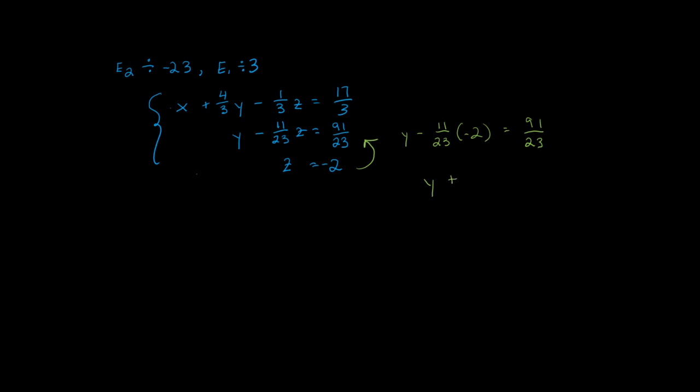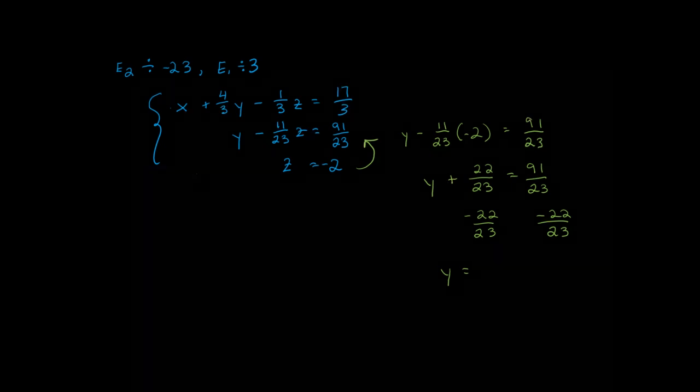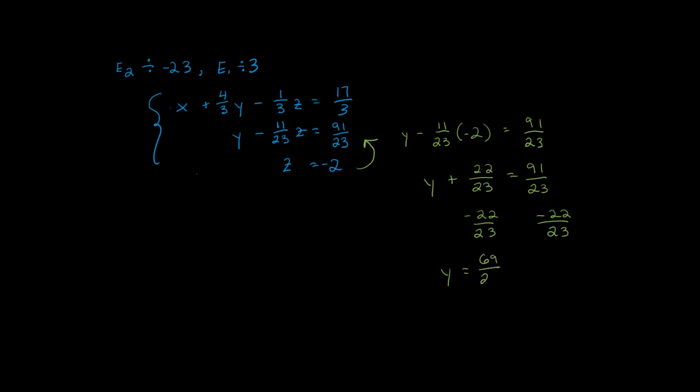So this is going to be y plus 22/23 equals 91/23. And we're going to subtract the 22/23 from both sides. 91 minus 22 is 69. And when I divide that, so we get 69/23, and that actually reduces, that divides evenly, and we end up with y equals 3.